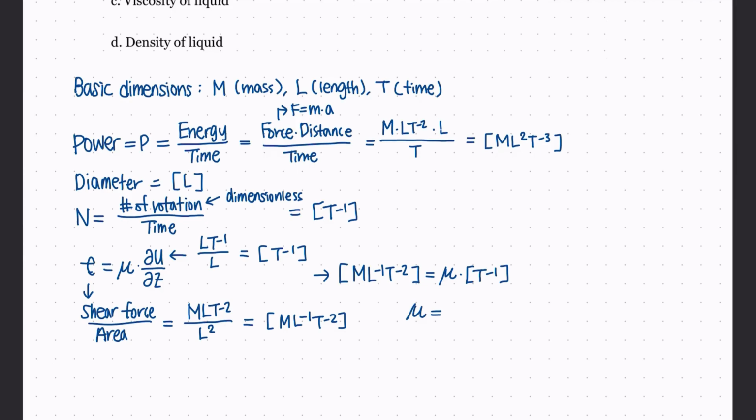It ends up having the dimension of viscosity is equals to m times L to the negative 1 times T to the negative 1.